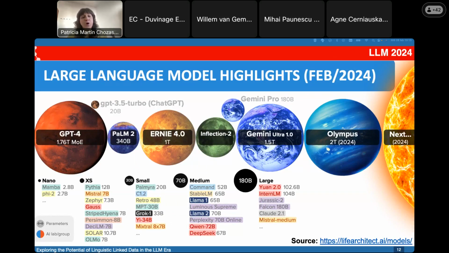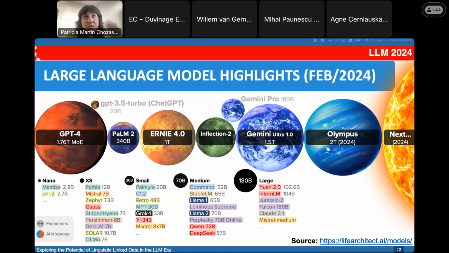And just to have the big picture of current LLMs, these are the latest and the biggest that have been or are being still developed currently. And I think at this point it's interesting to see the different sizes, for instance, of the biggest. So for instance, if we have a look at GPT-4 from OpenAI, or Olympus from Amazon, or Gemini from Google, we can see that they are far away regarding the number of parameters from the rest of the attempts.